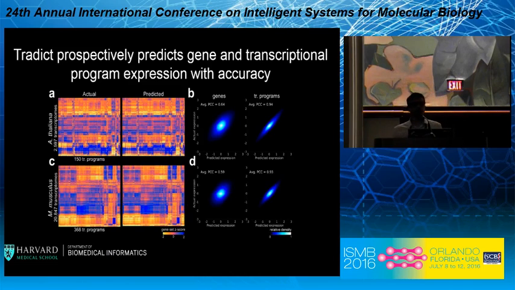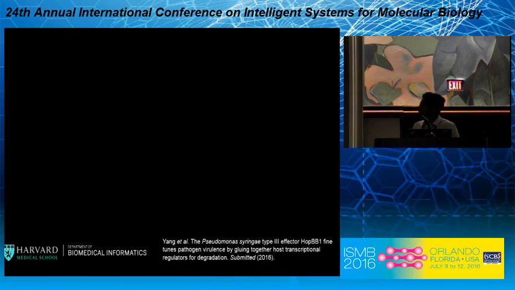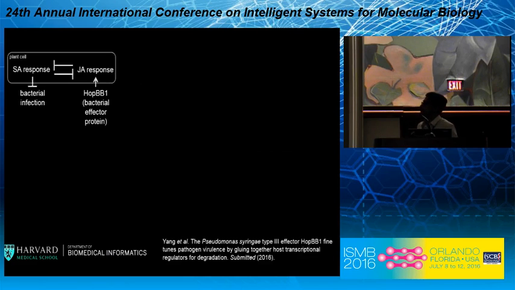So now to give you some more intuition as to exactly how predicting the expression of these transcriptional programs can be useful, we did a few case studies, and I'll share one with you right now. And this has to do with innate immune signaling in Arabidopsis.